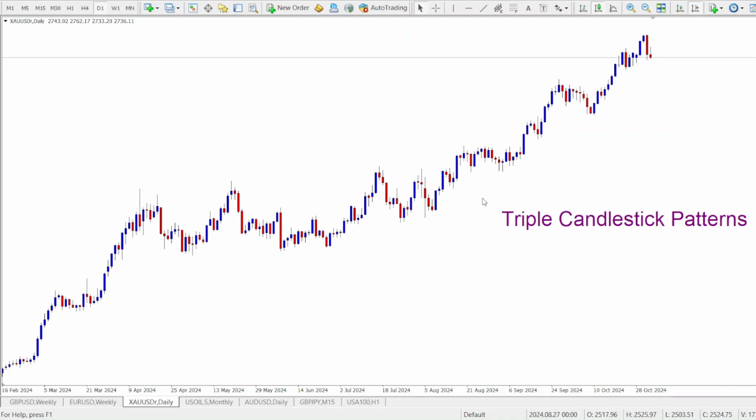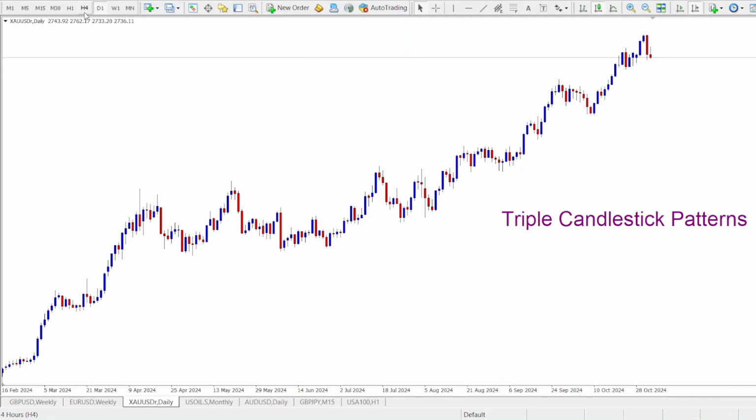Okay, so why are these patterns so effective? Well, it's all about understanding how the market behaves over three consecutive trading candles, right? So if you are on the daily time frame and you find any of these triple candlestick patterns, it means you are looking at the price behavior of the asset over 3 days.